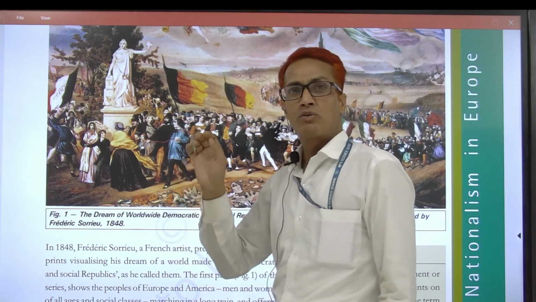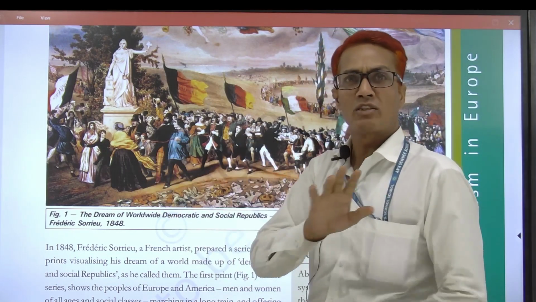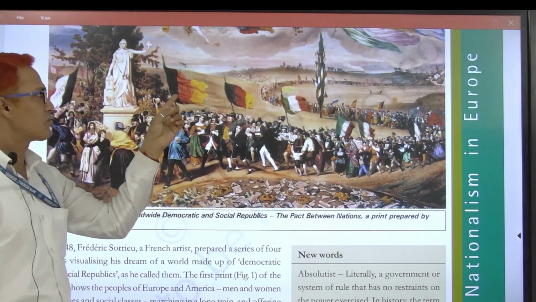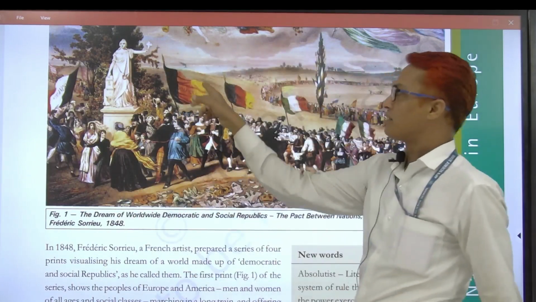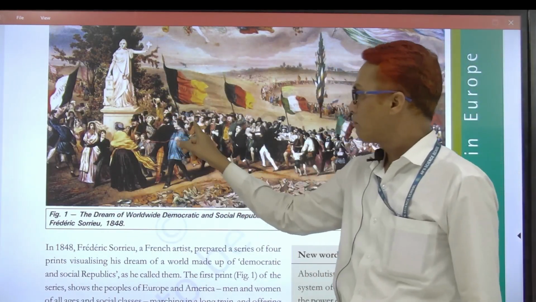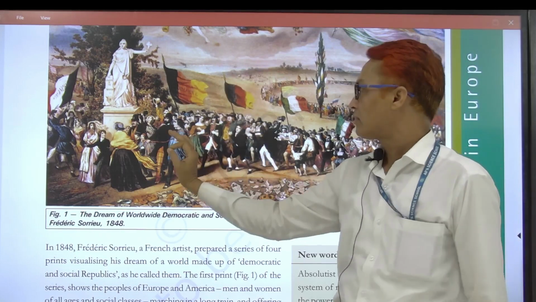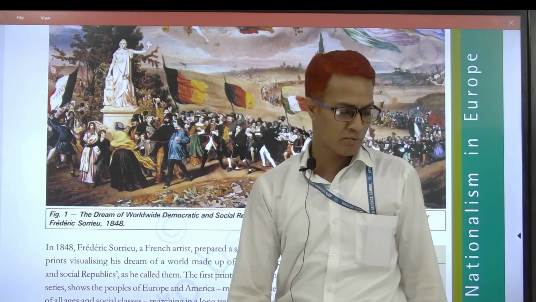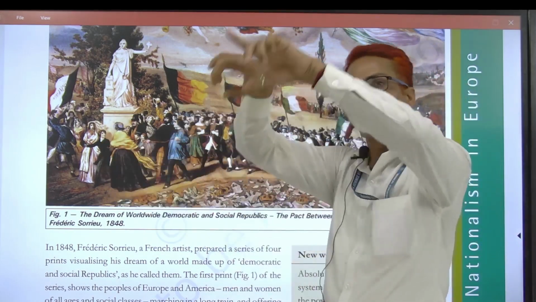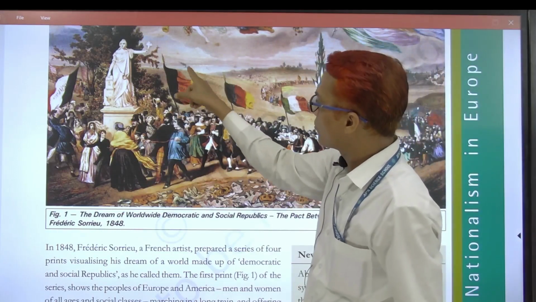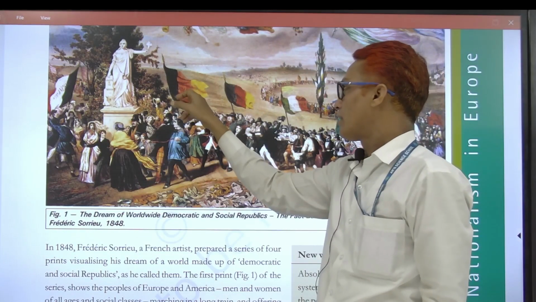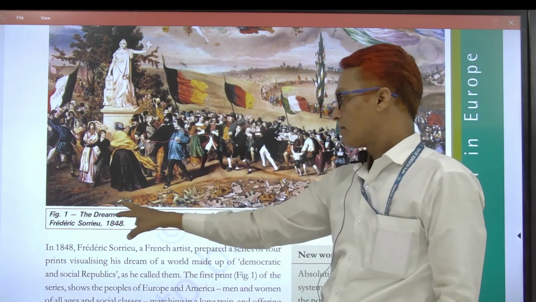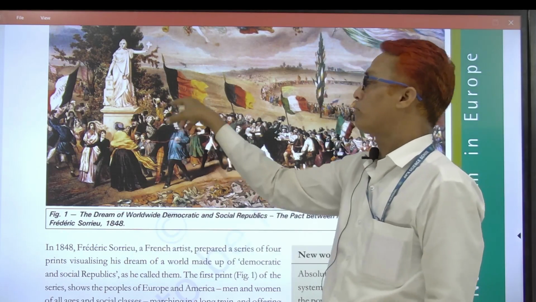At the time, the unification of Germany had not taken place. This flag is the symbol of the people of Germany. At the time, Prussia and 39 states of the confederation were part of that complete area of Germany. That flag, in black, red and golden colors, was used by the artist Frederick Sorrieu for the people of Germany at the time.